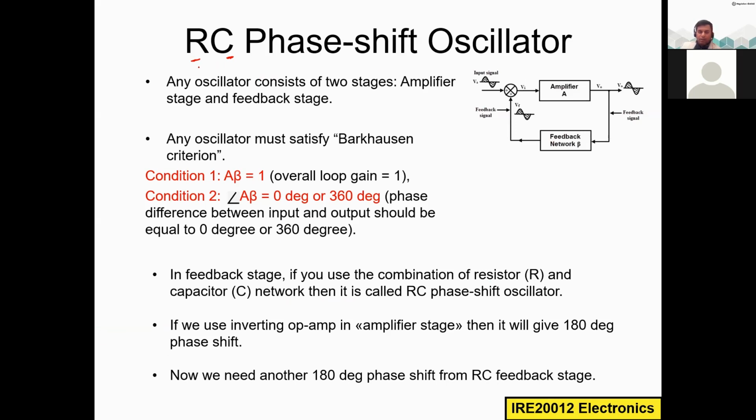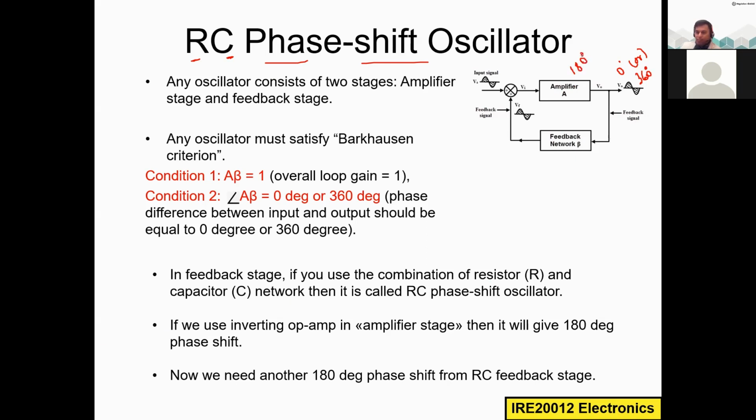You should know the reason why we call this RC phase shift: R and C, and phase shift. What is the meaning of this phase shift? We want either 0 degree or 360 degree phase shift. If you use an inverting operational amplifier, you naturally get 180 degree phase shift from it.